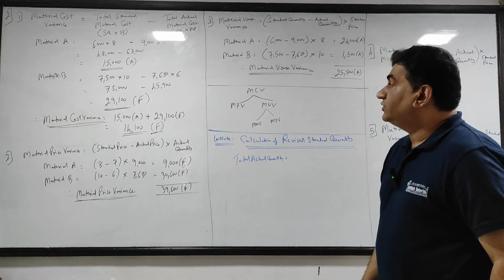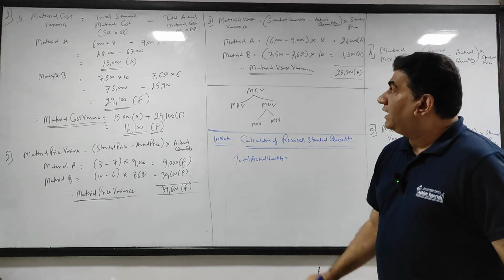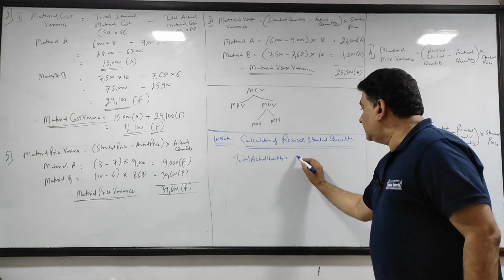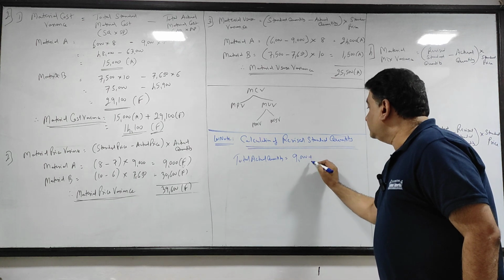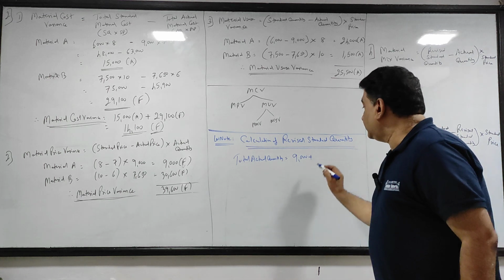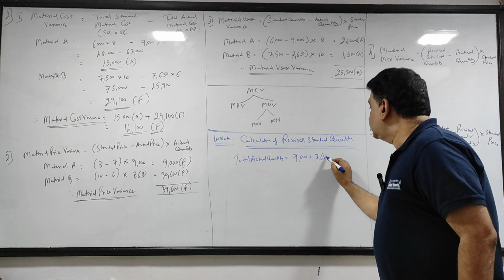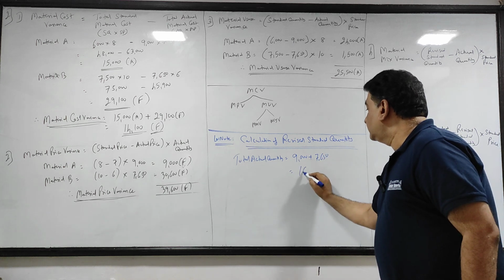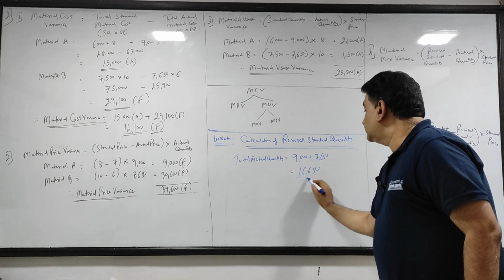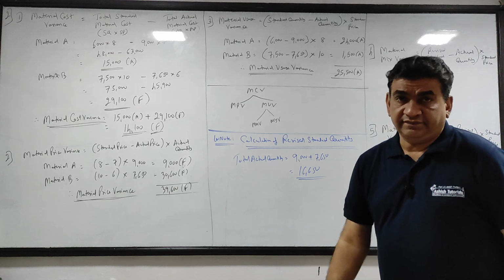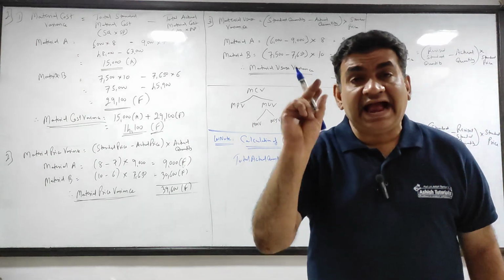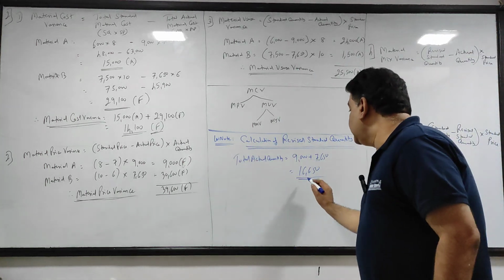Now see, what was the actual quantity of A? 9000. And B? 7650. So what is the total? 16650. Getting it? Add up both the actual quantities.